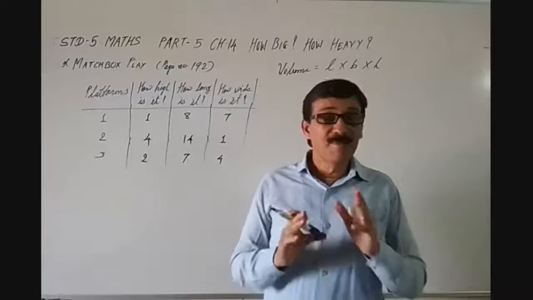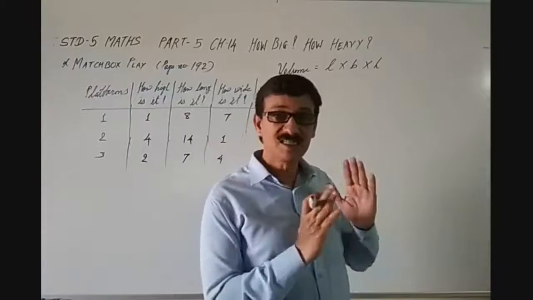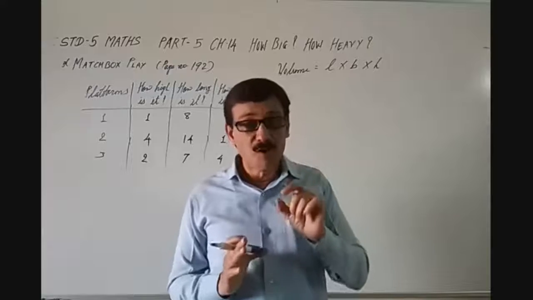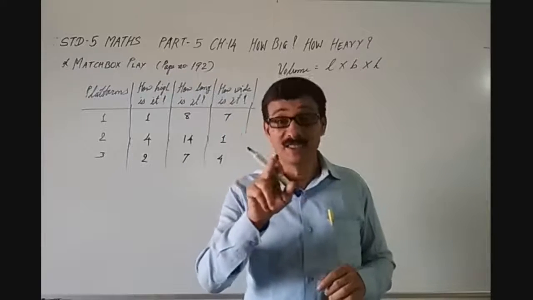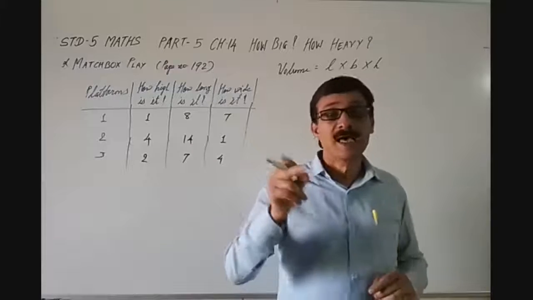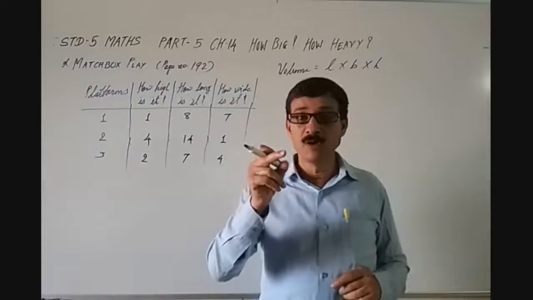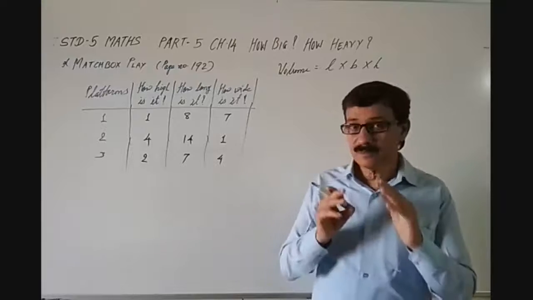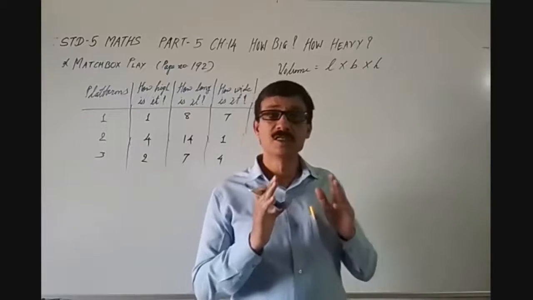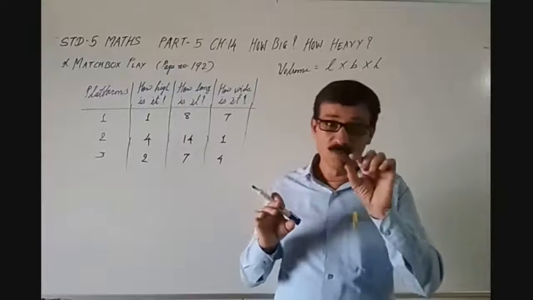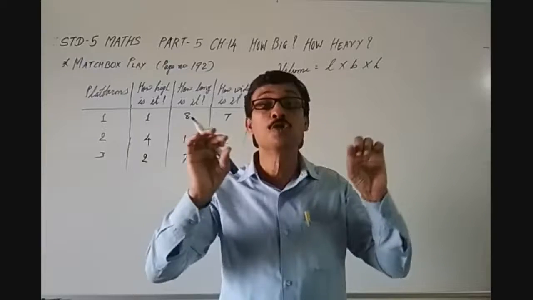But now regarding the matchbox, we discussed in the last part, a matchbox has length, a matchbox has width, that is, we say breadth, and a matchbox has height. So to find the volume of such cubes and cuboids, a matchbox we can say is a cuboid.